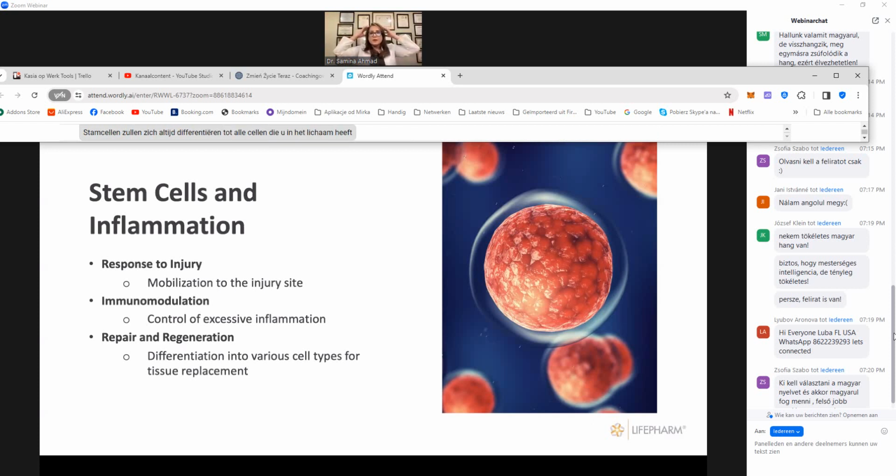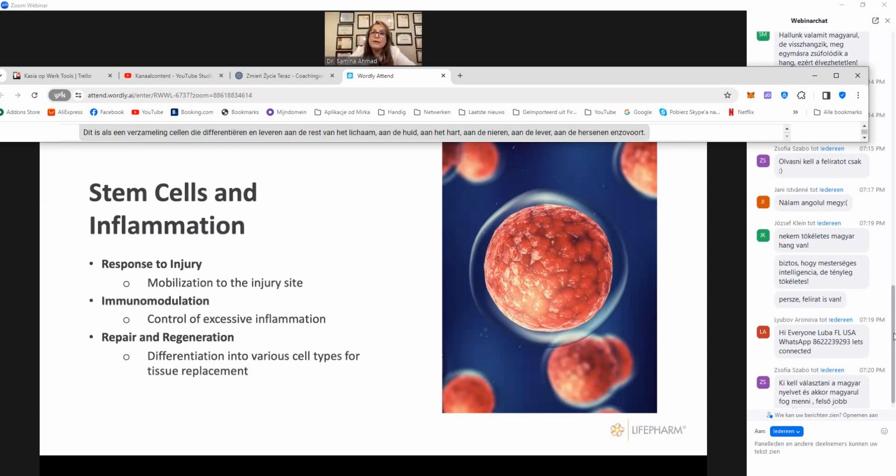If we have some issue in our brain, in our spinal cord, stem cells will differentiate into the nerve cells. If there's an issue with the heart, at that time there is an injury, stem cells move and go into the heart. This is like a pool of cells which differentiate and supply to the rest of the body, to the skin, to the heart, to the kidneys, to the liver, to the brain.